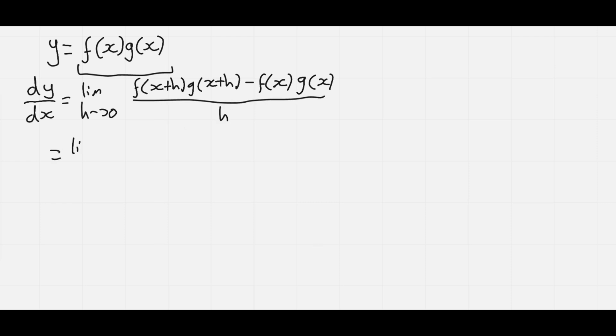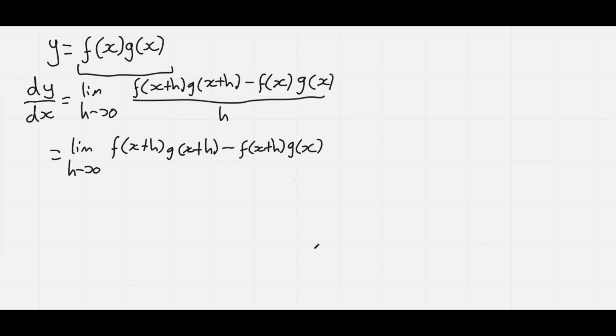Now from here, I can do something, frankly, quite weird. f of x plus h, g of x plus h. Now what I'm going to do is subtract f of x plus h multiplied by g of x, which is going to seem absurd.